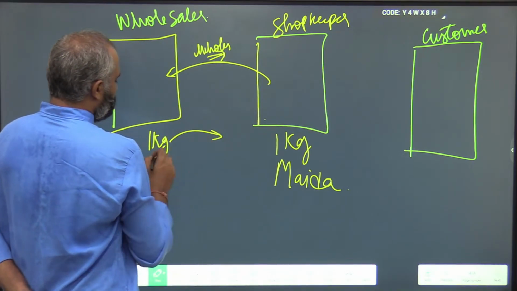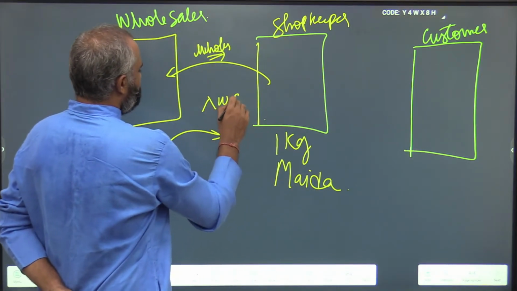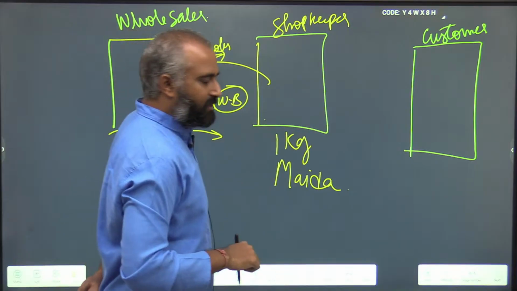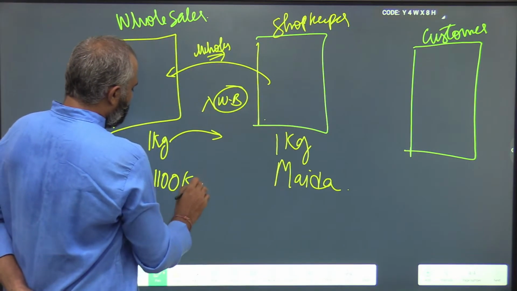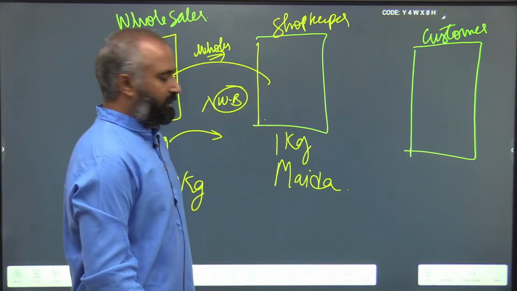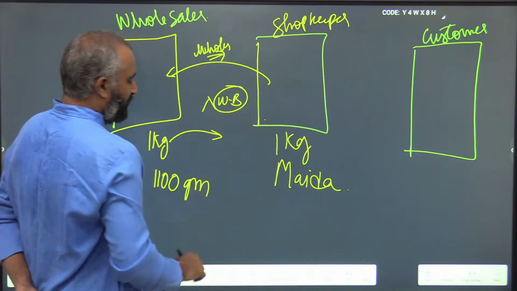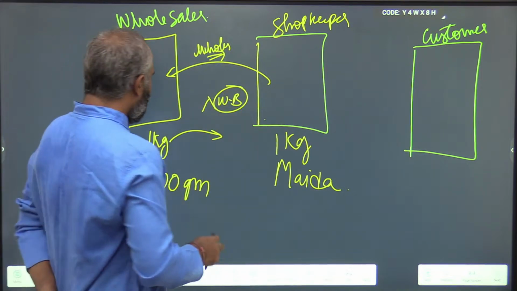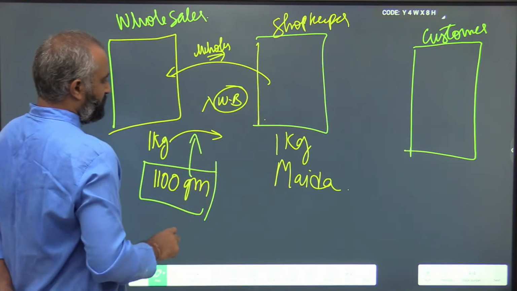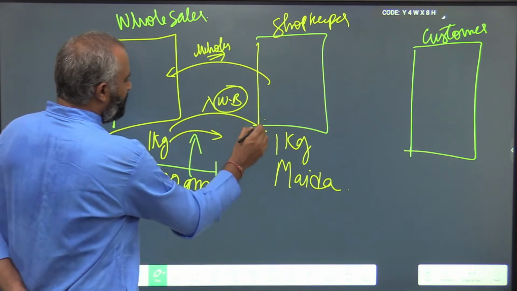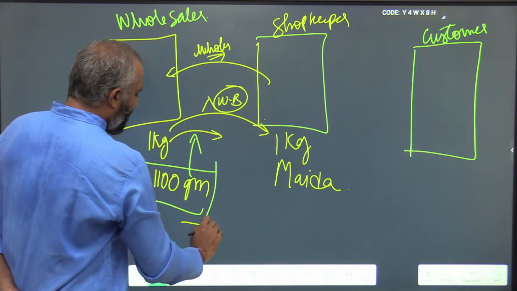He manipulates the weighing balance in such a way that if you put 1100 grams, he tampers with the weighing balance such that if you put 1100 grams, it measures 1 kg. So when he is buying from the wholesaler, what is he actually getting?